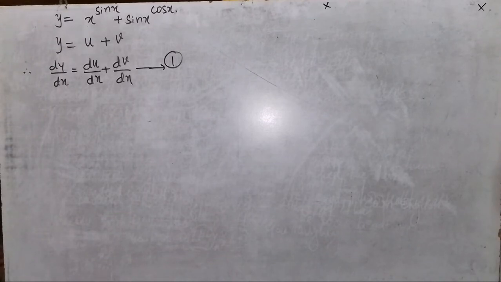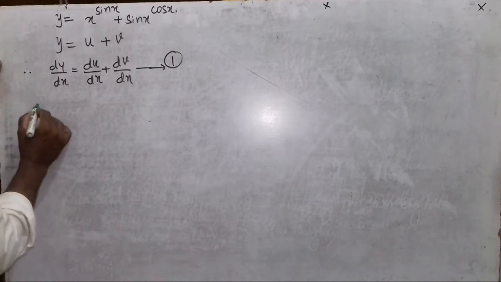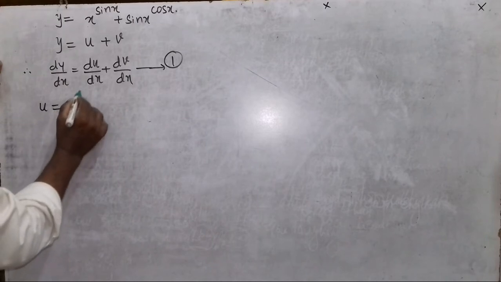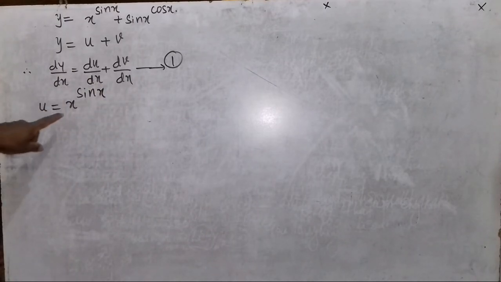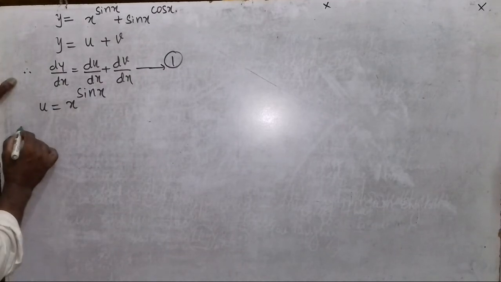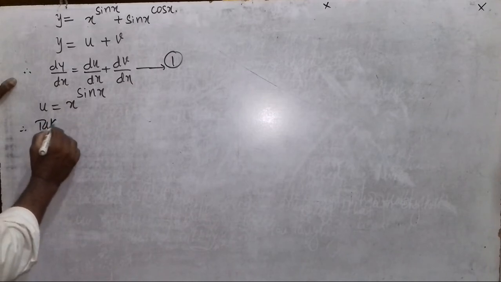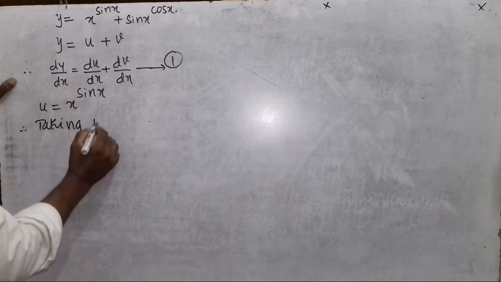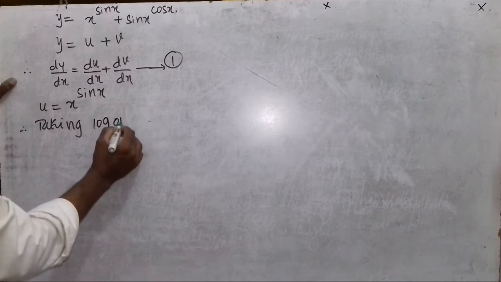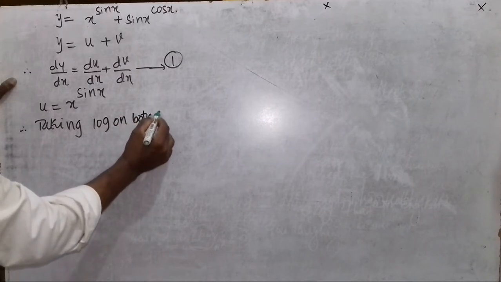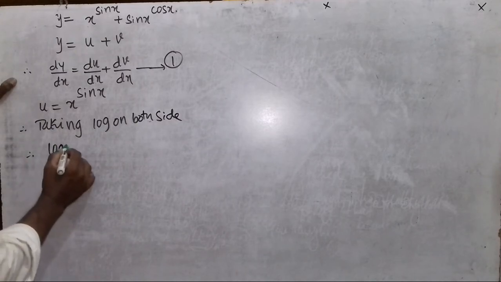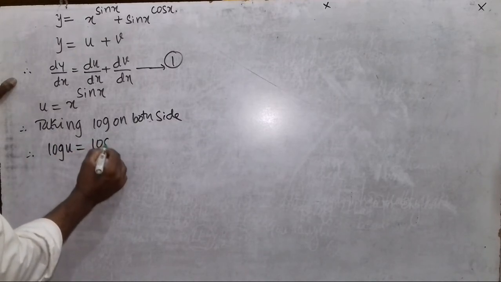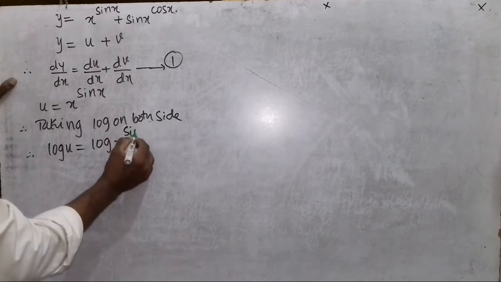So now differentiate u. Let u equal to x raised to sin x. Observe here, it is function raised to function, therefore taking log on both sides. Therefore log u equal to log of x raised to sin x.